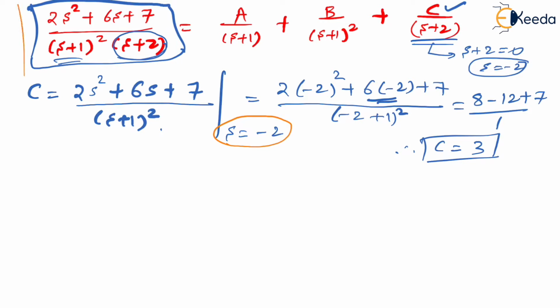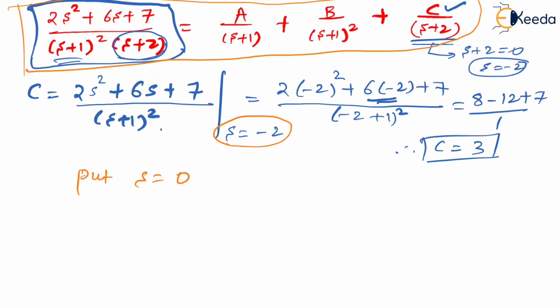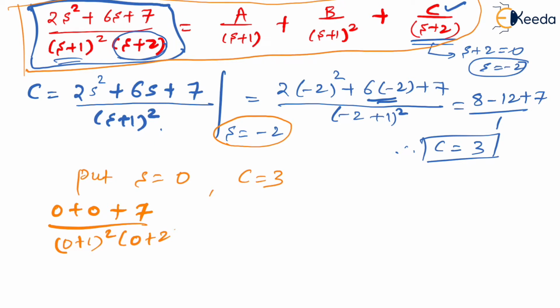So now in this complete equation, put s equal to 0, let us say, and the value of C is already known, so C equal to 3. If I do so, what do I get then? I am going to have 2s squared plus 6s, there s is 0, so it becomes 0 plus 0 plus 7, 7 divided by s plus 1, 0 plus 1 the whole squared into 0 plus 2.